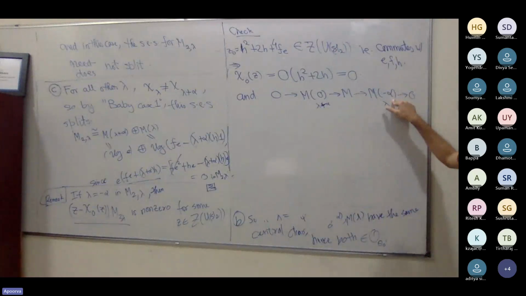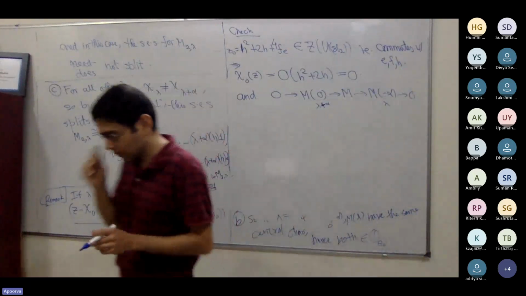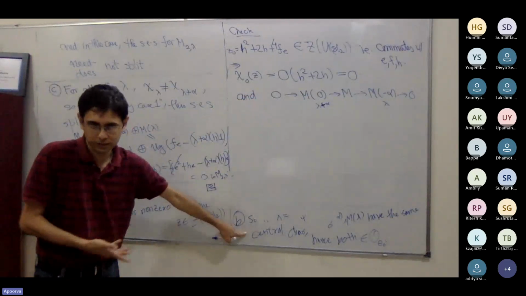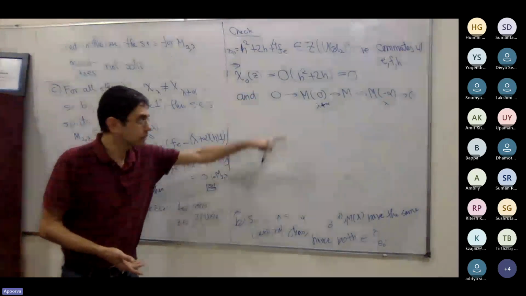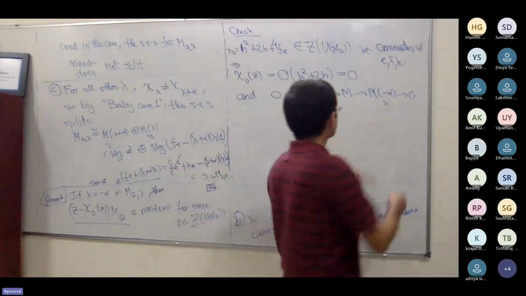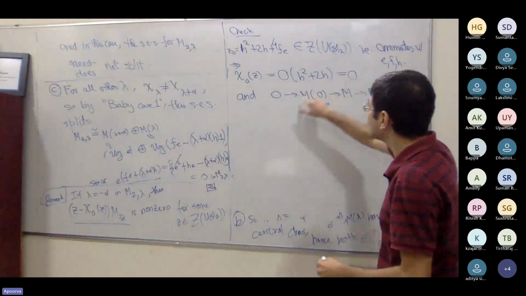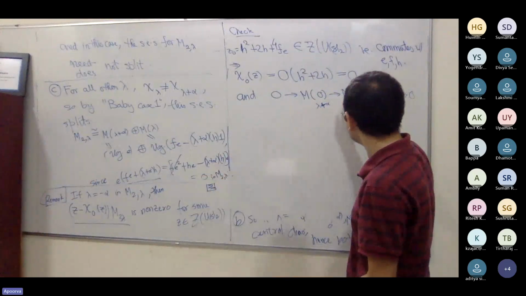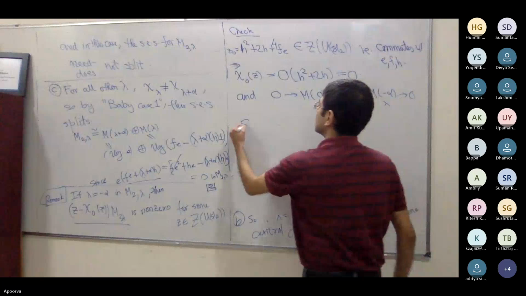But okay, how do we act on the quotient of the module? The quotient has the same central character as this. That was the point of working in this setting. Because it has the same central character, it will also kill this quotient. What does it mean to say it will kill the quotient? It means it will take this module into M naught. So we already know that Z minus chi naught of Z will take M into M naught.